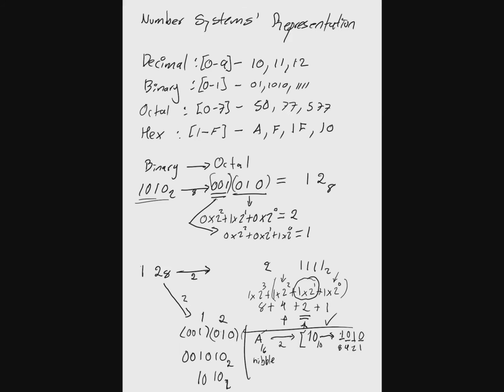That is because 1 times 2 to the power of 3 is 8, so that's 1, then the next term should be 0, then the next term that should remain should be 2. So 8 and 2 will survive the elimination. So this number is the representation of the letter A in binary.